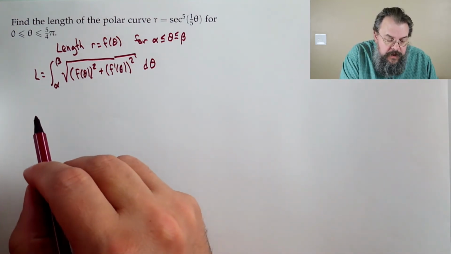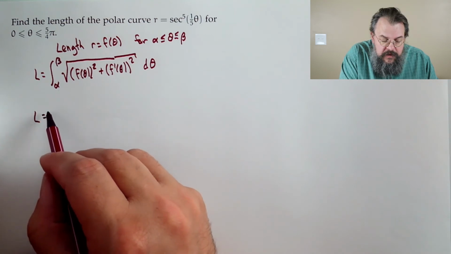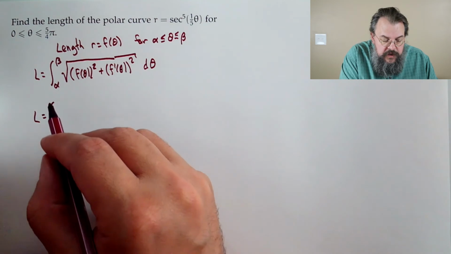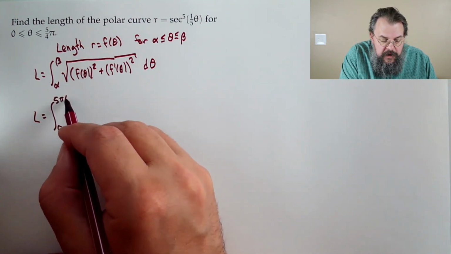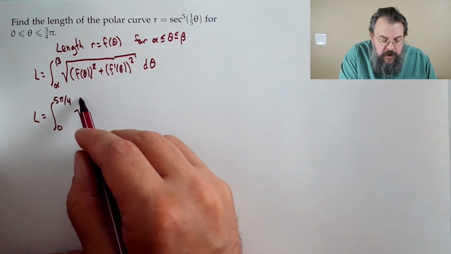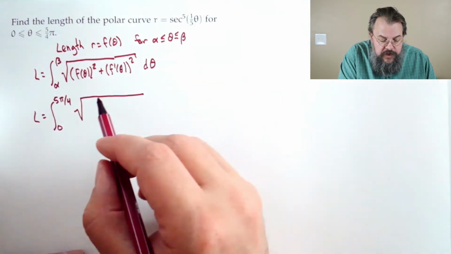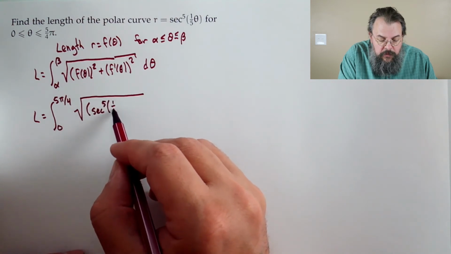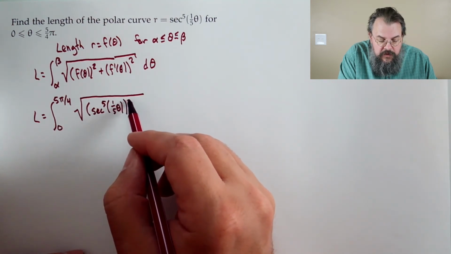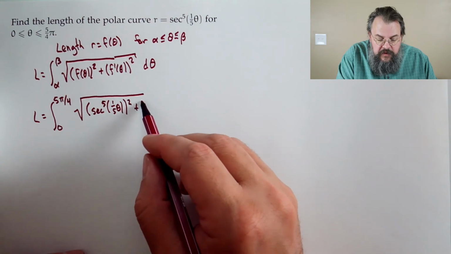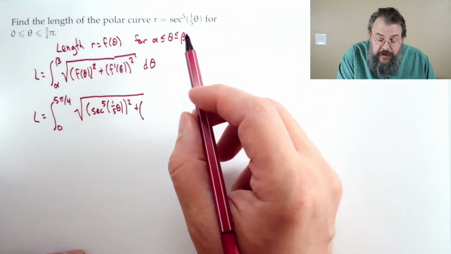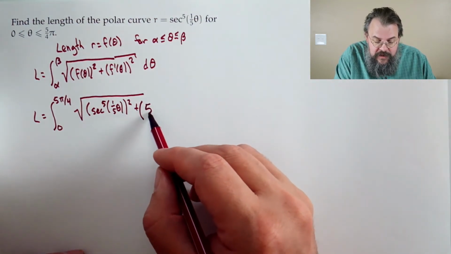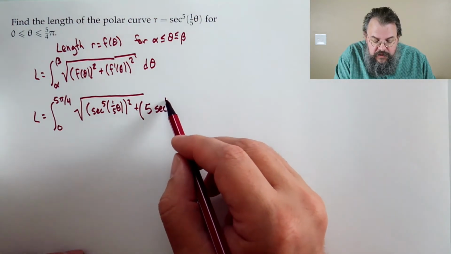So we have the following. Our length is adding up from alpha to beta, 0 to 5 pi over 4, the square root of the original function, secant to the 5th of 1/5 theta, squared, plus the derivative. Time for us to practice our derivatives, right? Bring the 5 down, and then it'll be secant to the 4th.